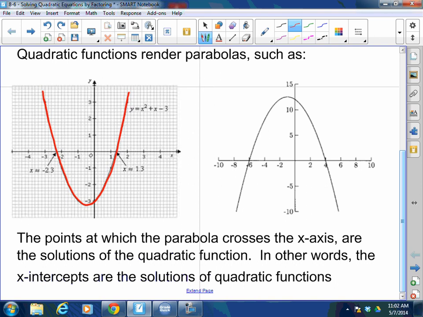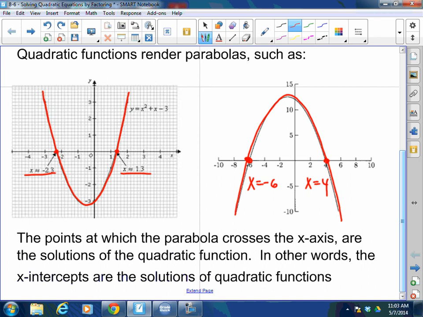In this case, it'd be negative 2.3 and 1.3. In this case, when the a is negative and it's pointing down, my solutions would be x equals negative 6 and x equals 4. Those are my solutions.